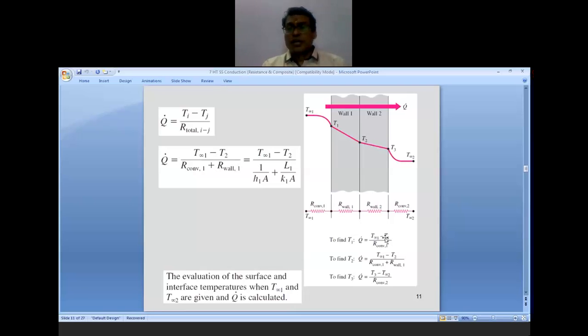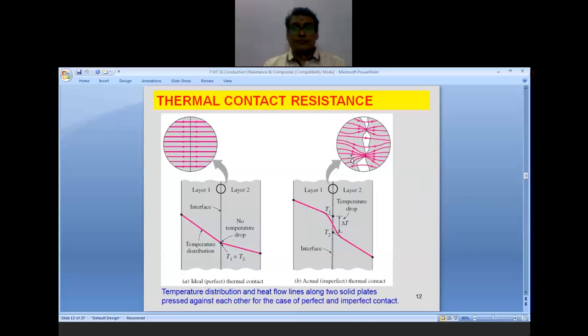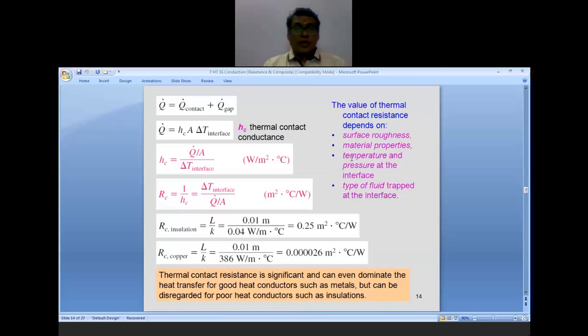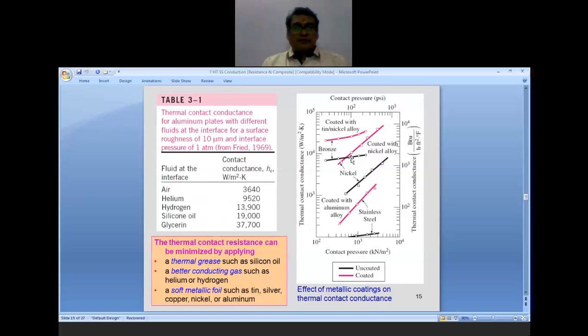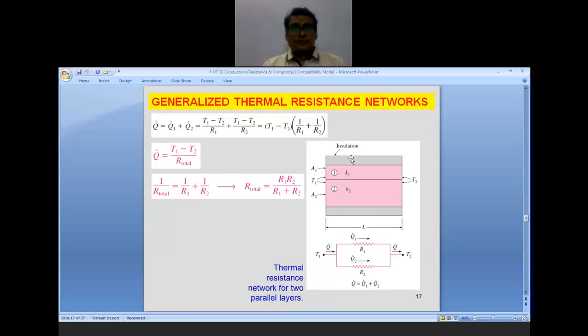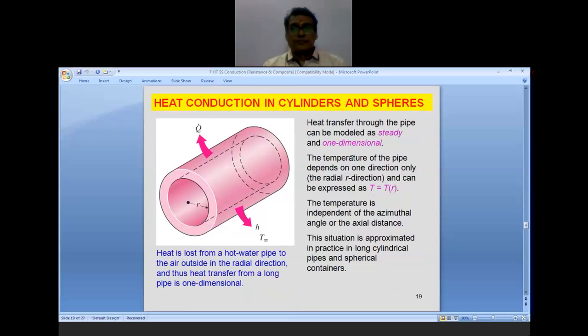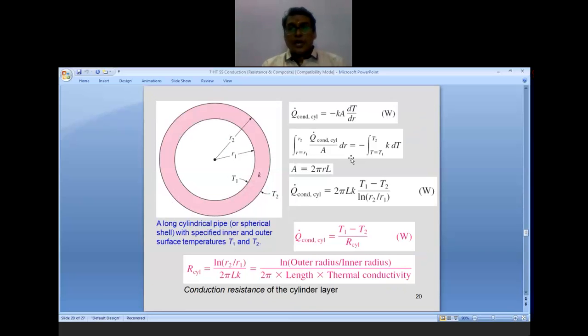So this is a very important application. I can calculate the temperature at any point. Say this is 500 degrees Celsius and this is 30 degrees Celsius. So I have to decide what should be the K or what should be the width of this wall.